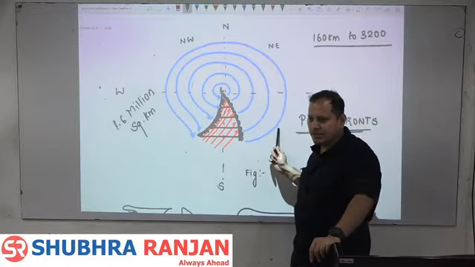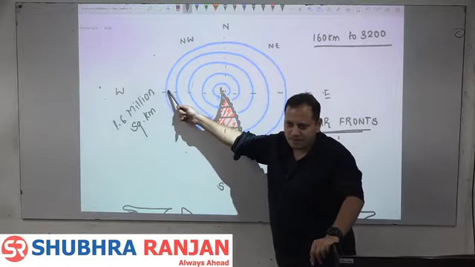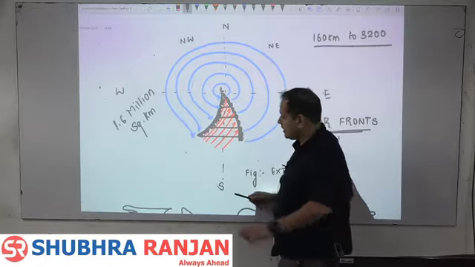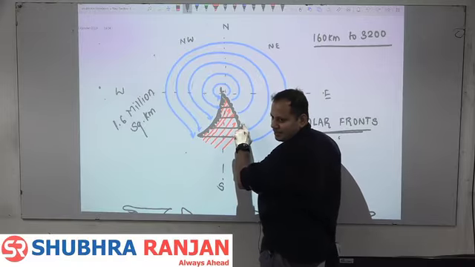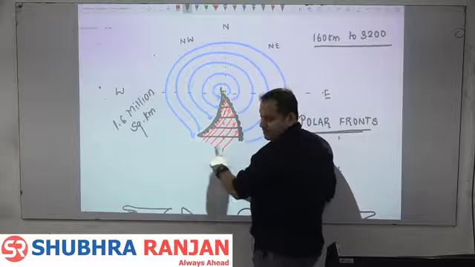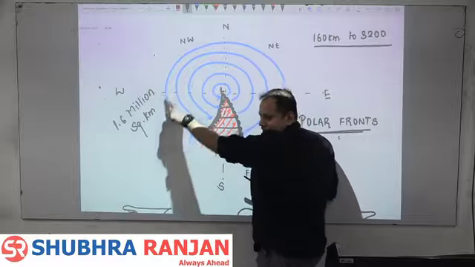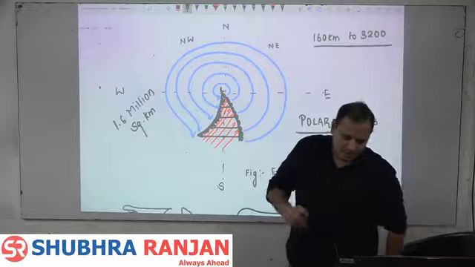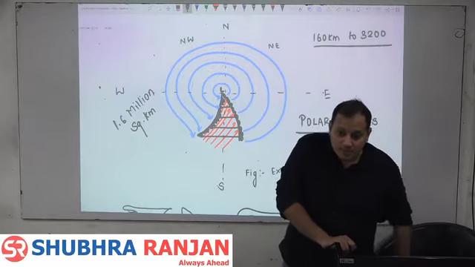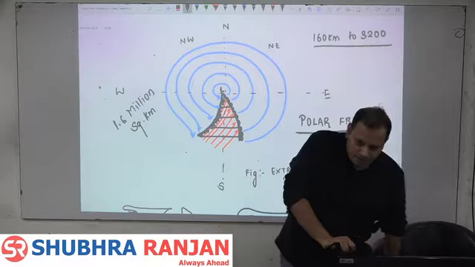That is why I told you yesterday, one part may be in Pakistan, the other part of the same warm front may be in Bihar. Fine? And this area will obviously be from the Mediterranean Sea to China, 1.6 million square kilometers. Next. Yes, observed through satellites.